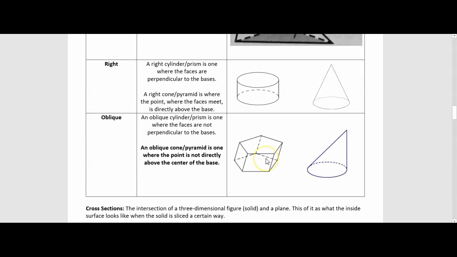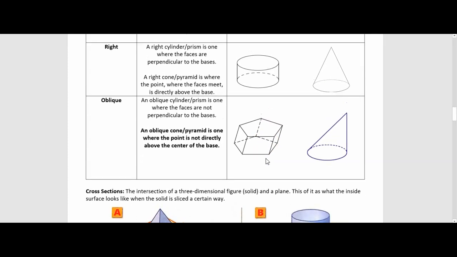Now, there's two more vocab words we can use to describe these solids. A right solid, so a right cylinder or prism, is one where the faces are perpendicular to the bases. If we look at this cylinder right here, there's a right angle between the sides of the cylinder and the base. If I had a right prism, let's draw the right prism.